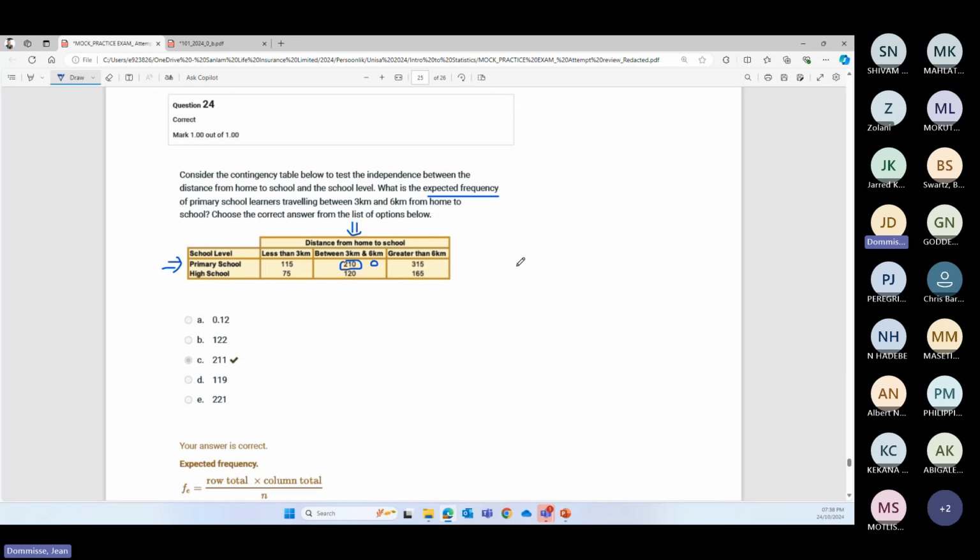So the expected frequency is the total of your row times the total of your column divided by n. We don't have any of those, so we need to go and work that out.